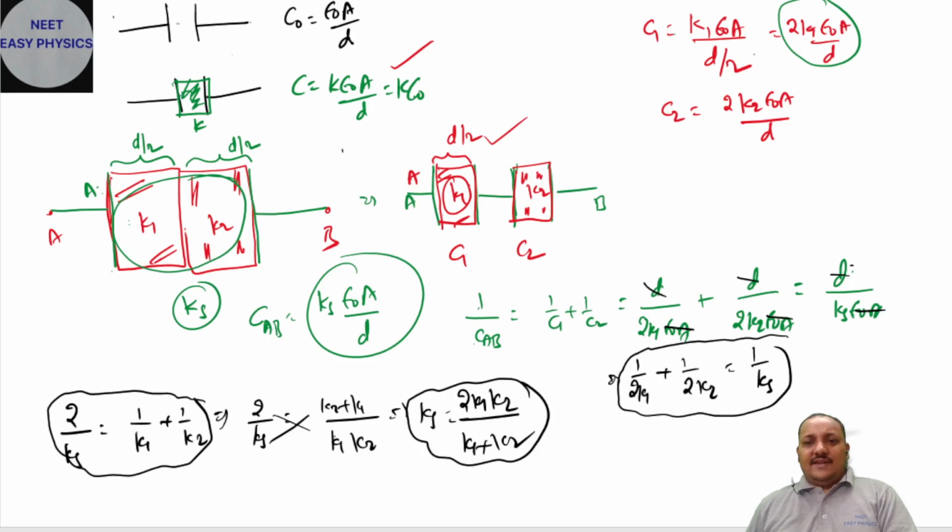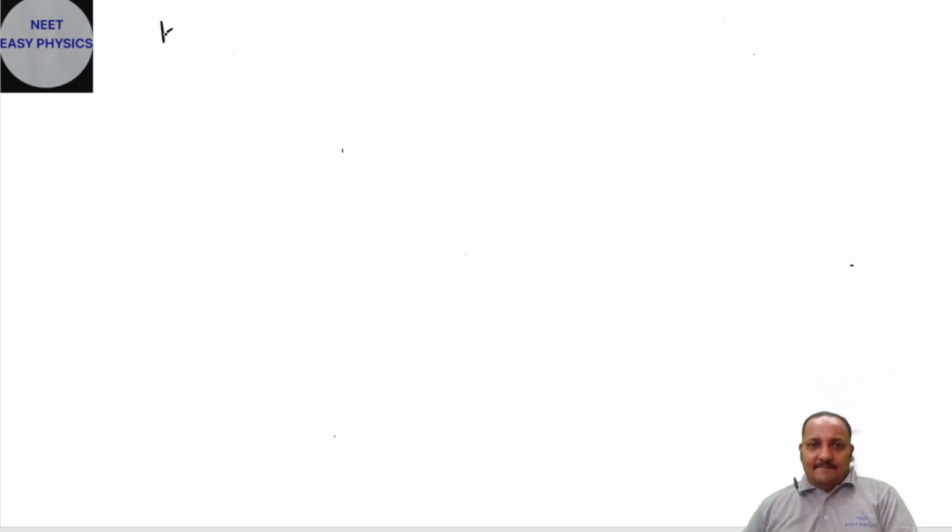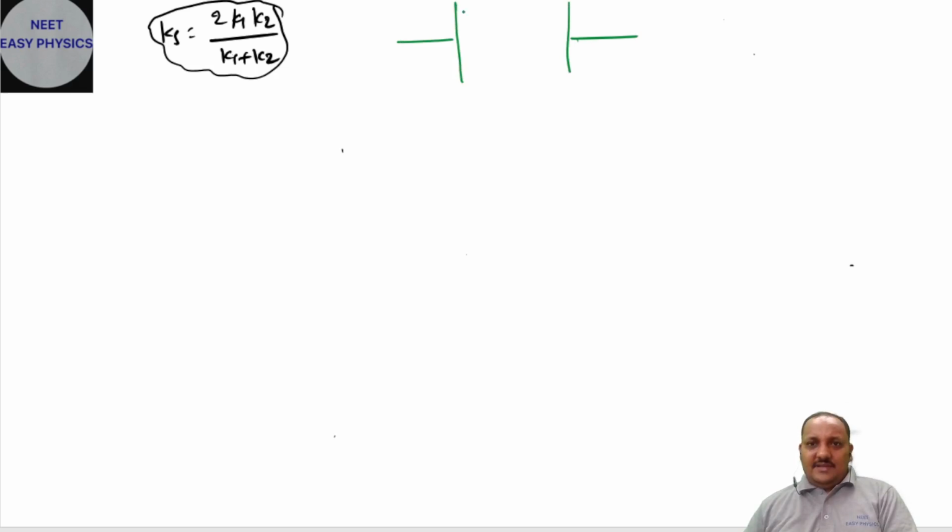So this is the final equation. Ks is equal to 2K1 K2 by K1 plus K2.